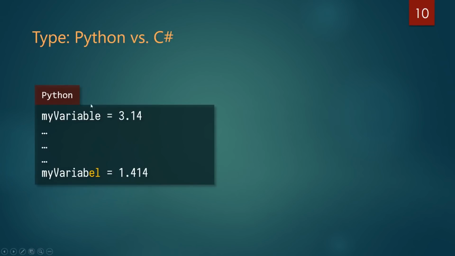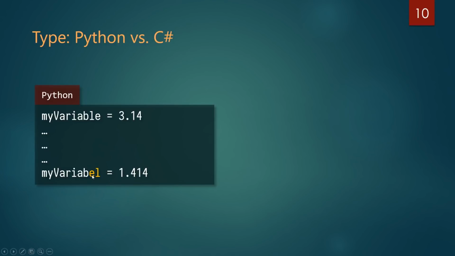Now here is an advantage of static typing, of explicit typing. In Python, let's say you declare a variable called my variable and you store a number in it. Then at some point later in the code, you want to change the value to something else, but you accidentally mistype the name of the variable.